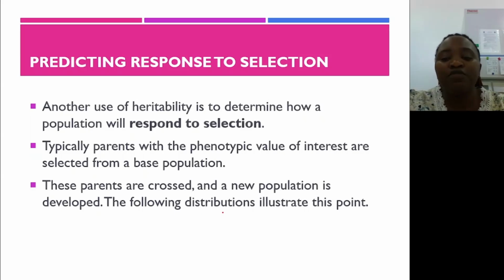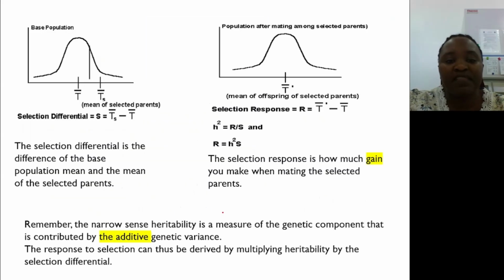The following distributions are going to help us illustrate this point. So you have your base population, the population you are starting with. Then of course you have the new population, the population after you have done mating of your selected parents.